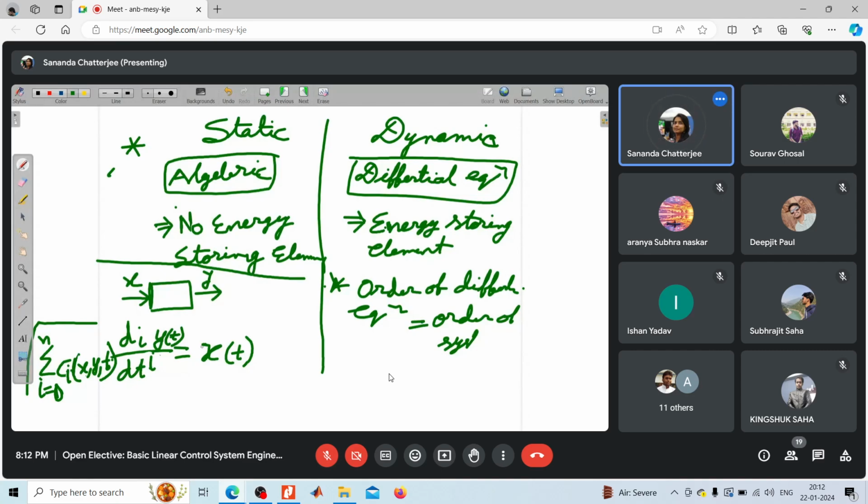Therefore, by seeing the differential equation, if all the ci described here are only functions of t, or they are constant, then we can call it a linear system.